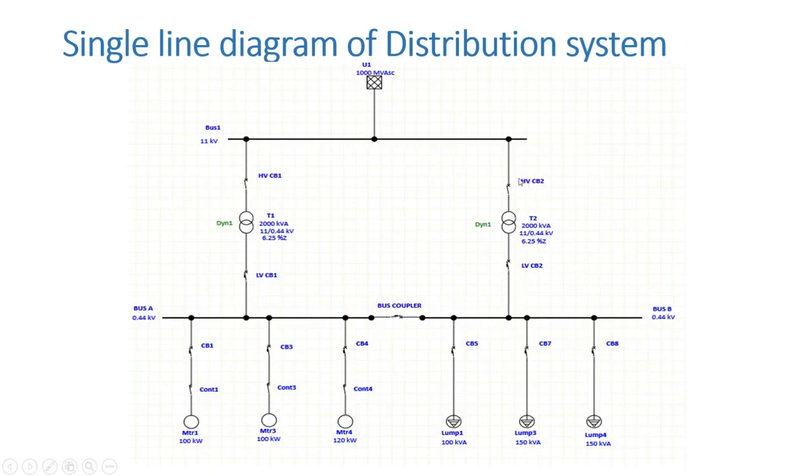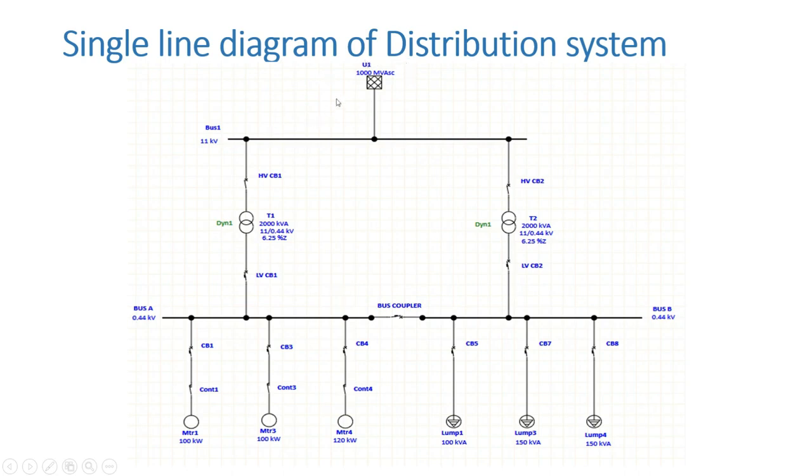So this is the main importance and advantage of this two-way connection of the distribution system. Each transformer has a rating of 2000 kVA, which means one transformer is enough to carry the full load of this switch gear.